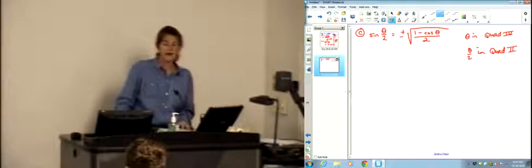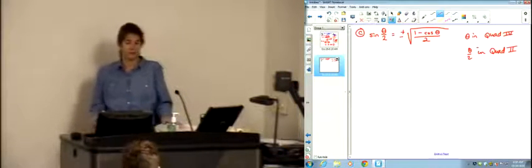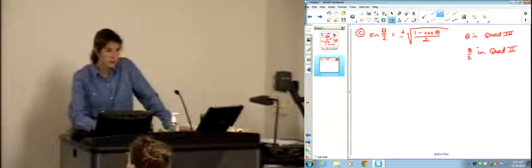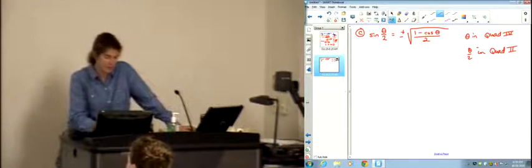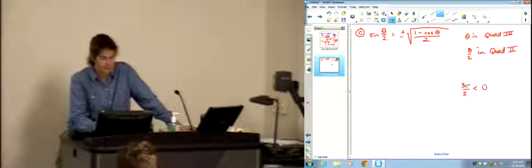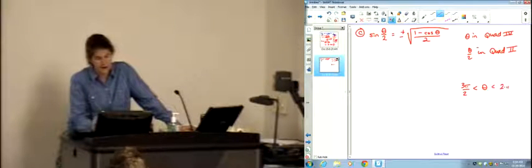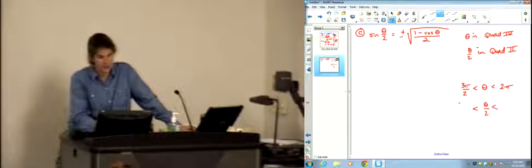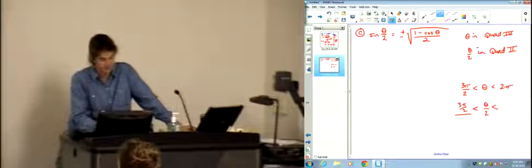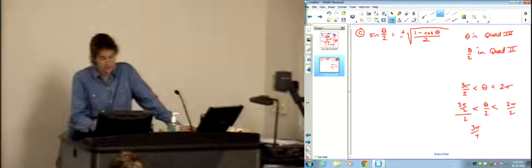Okay. If your angle theta is in quadrant 4, that puts you between, maybe we want to put it this way, 3/2 pi and 2 pi. And if we want to know where the half angle is, we have to divide those by 2. So now we get 3 pi fourths is less than theta over 2 is less than pi.